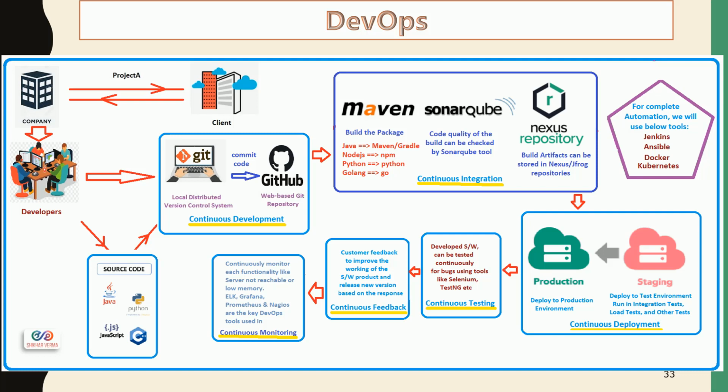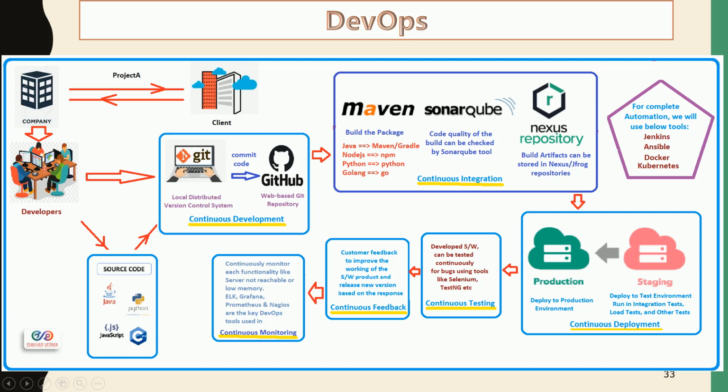You will understand what the vision of the project is, and how many developers are required for developing the code of this project. Here you can see the developer team, who will start working on this project. They will do the planning, and here you can see the developers can use the source code languages below. They can use Java, Python, JavaScript and C++.